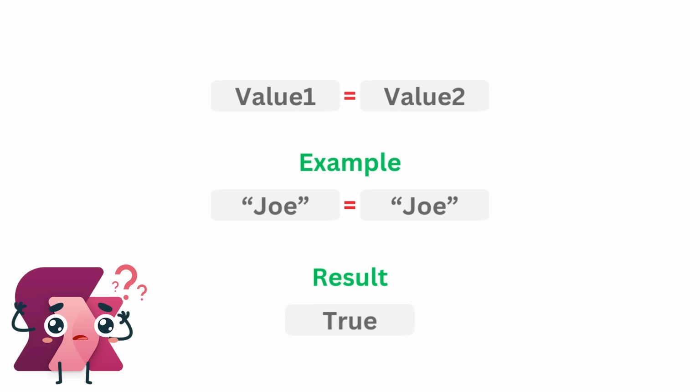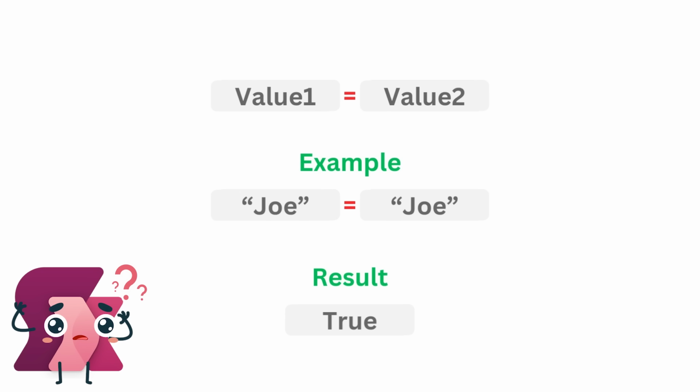What happens if we were to use, for example, a string of O-N-E, is equal to the digit of 1, so just the number 1?